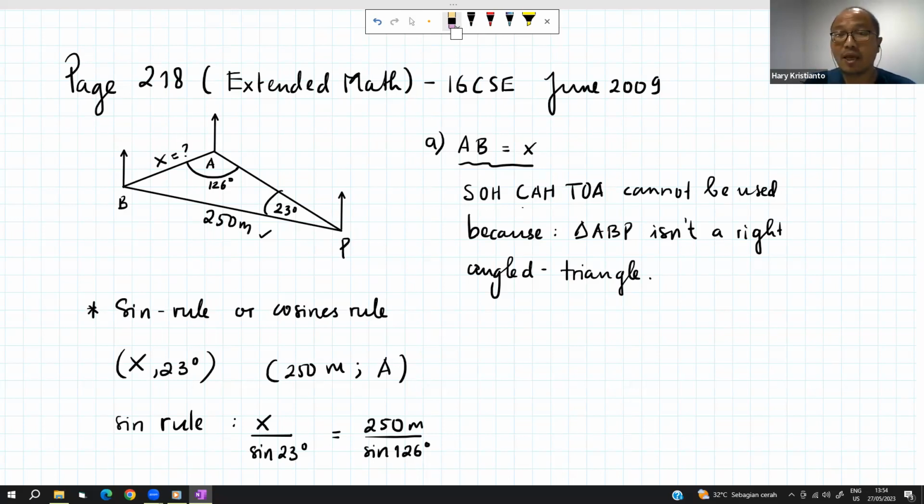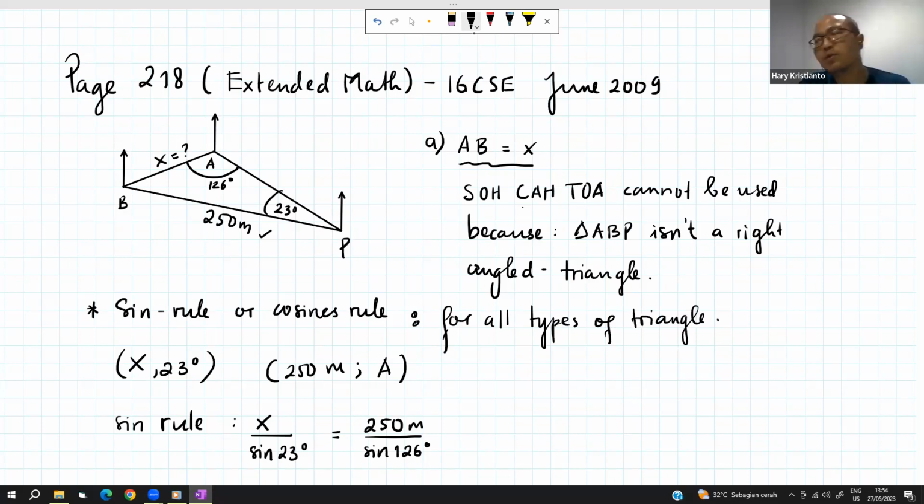But the sine rule and cosine rule are applicable for all types of triangle.